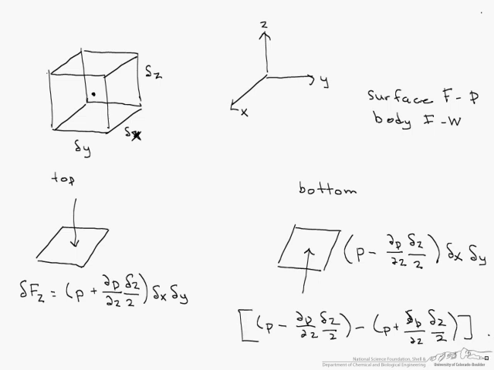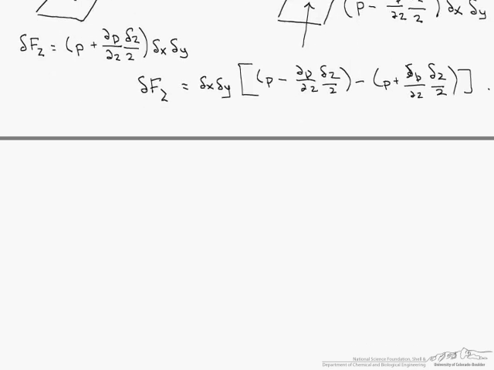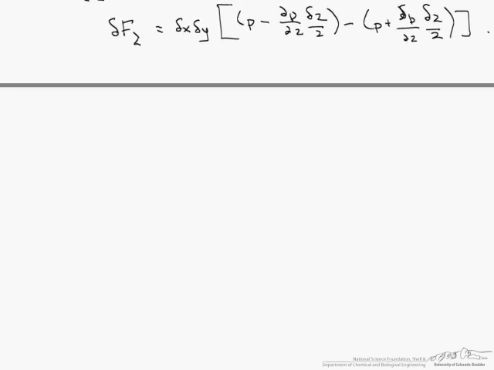All of that is multiplied by this dx dy, and this is going to be the force in the z direction. If we do the algebra, we end up with minus dp/dz times dx dy dz.